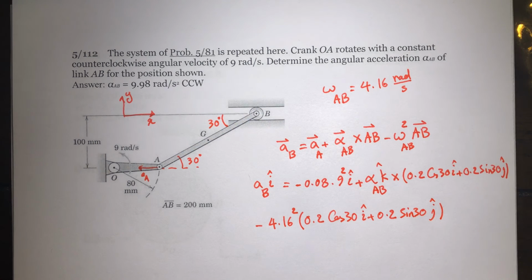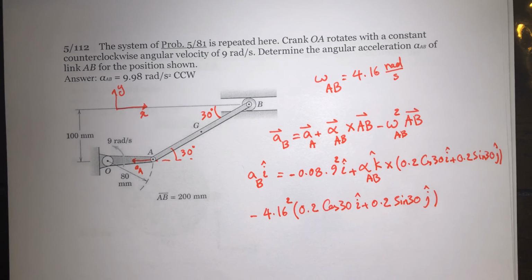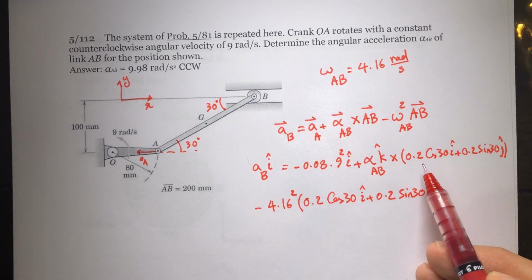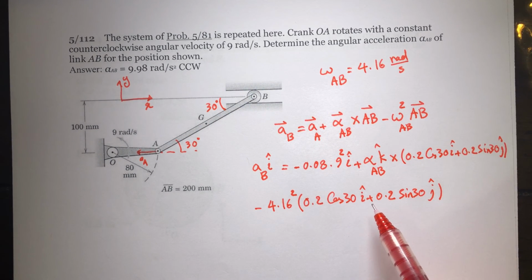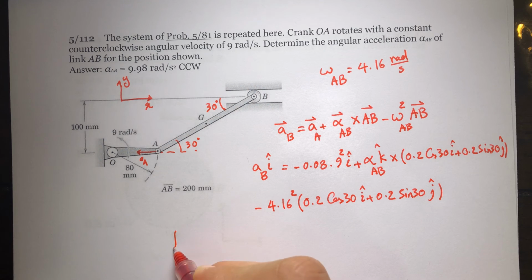Okay. Now, how many unknowns do we have here? Only 2. Acceleration of B, just the magnitude, and the magnitude of the angular acceleration. So you need to do this cross product and separate i and j terms to construct your system of two equations. I'm going to let you do that yourself.